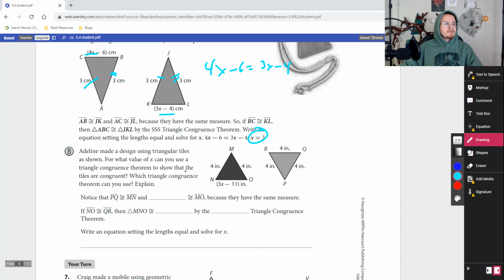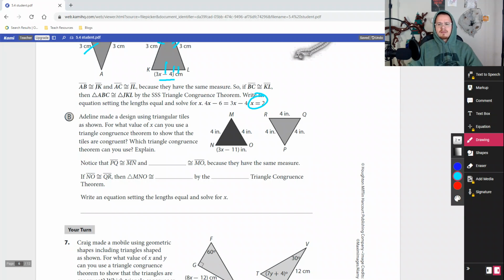So, if you plug it in, you'll find out that you get 8 minus 6, which is 2. And then 6 minus 4, which is 2. So that would be congruent. Therefore, by SSS, this is also congruent. I'm going to let you pause and try this one for yourself.